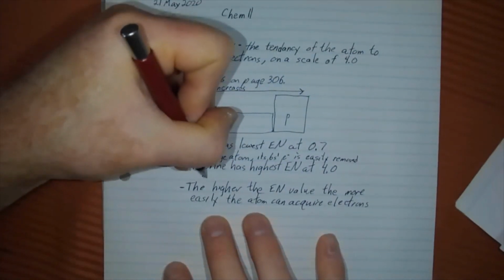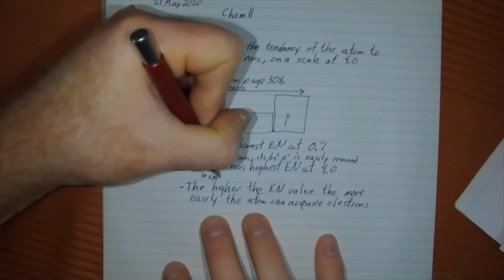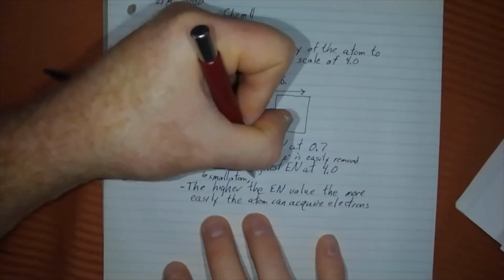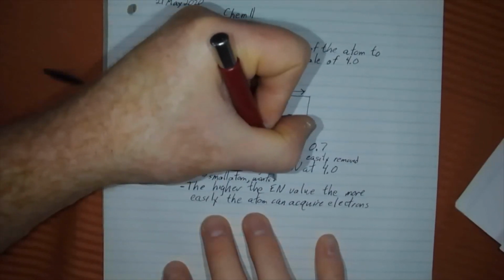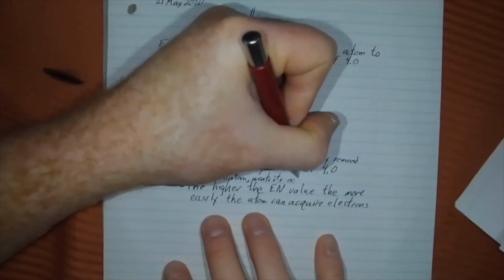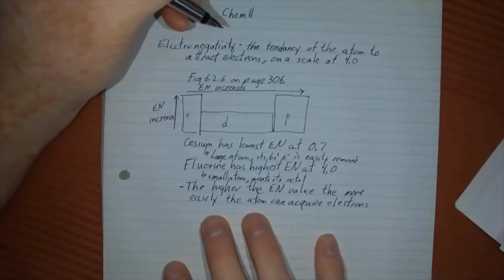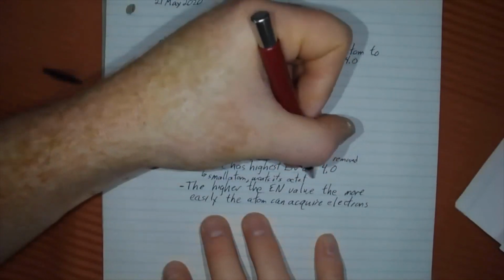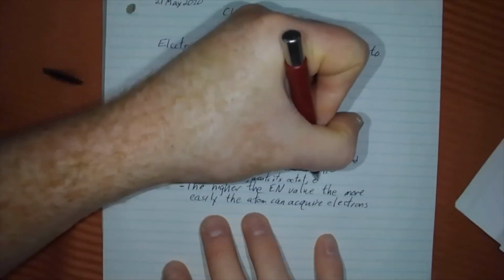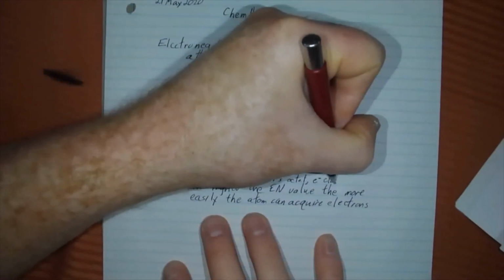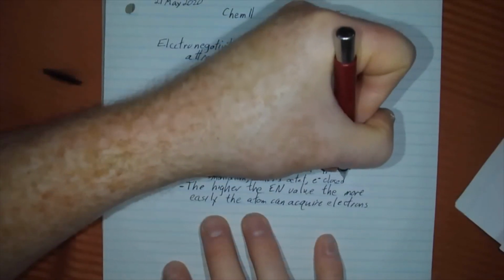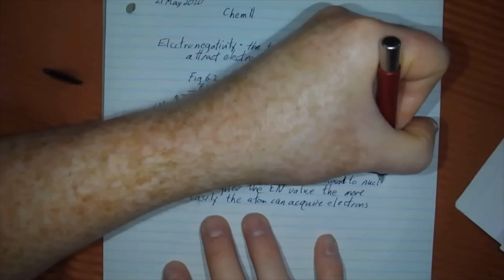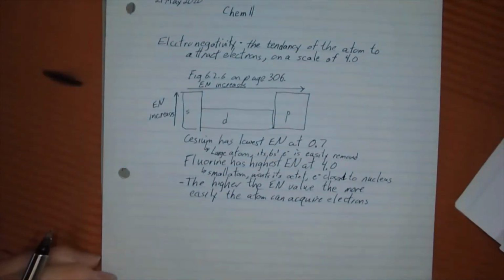Whereas fluorine is a small atom. It wants its octet. In a smaller atom, the electrons are closer to the nucleus.